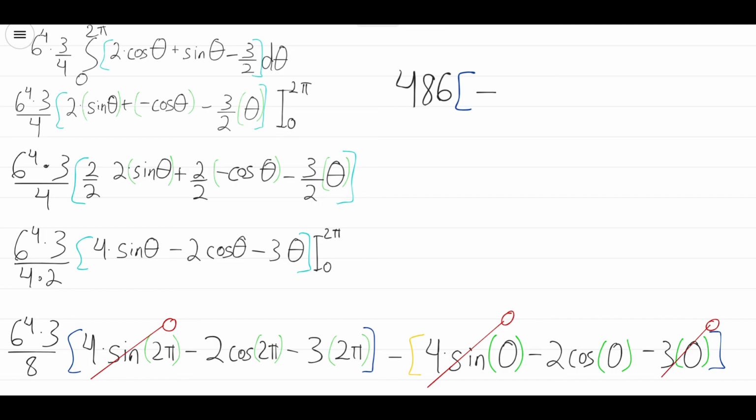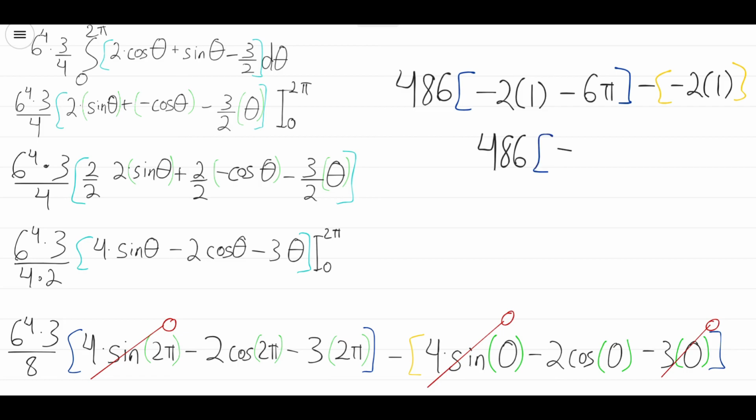6 to the 4th times 3 divided by 8 gave me 486, and we're going to ignore all the zeros, so we're left with minus 2 times cosine of 2 pi is 1, minus 3 times 2 pi is 6 pi, and in the other brackets we're left with 2 times cosine of 0, which is 1, times 2.